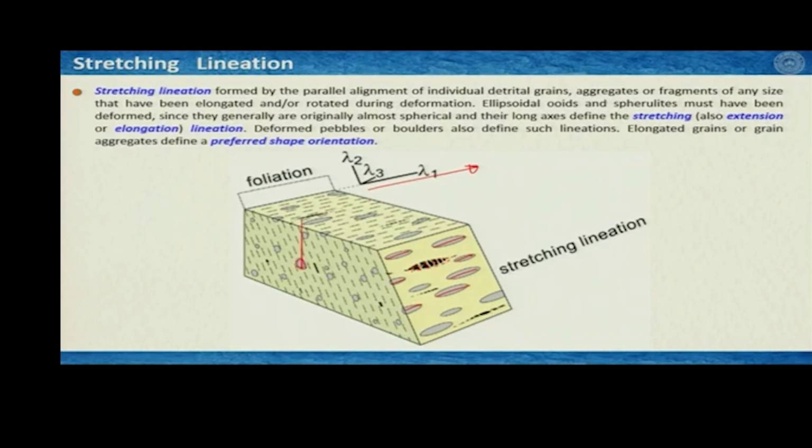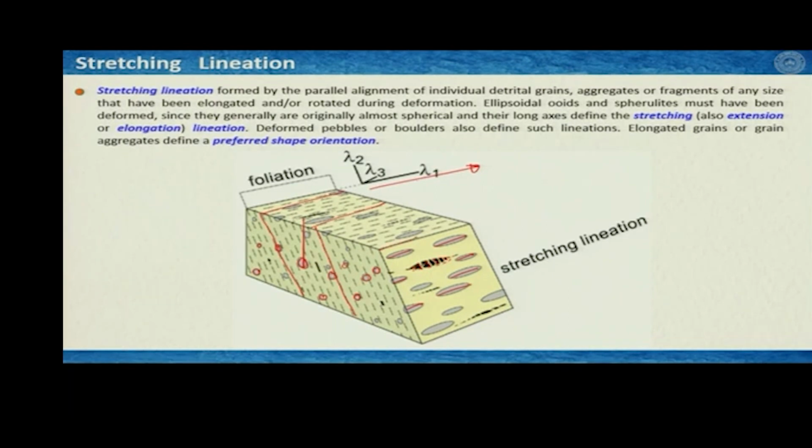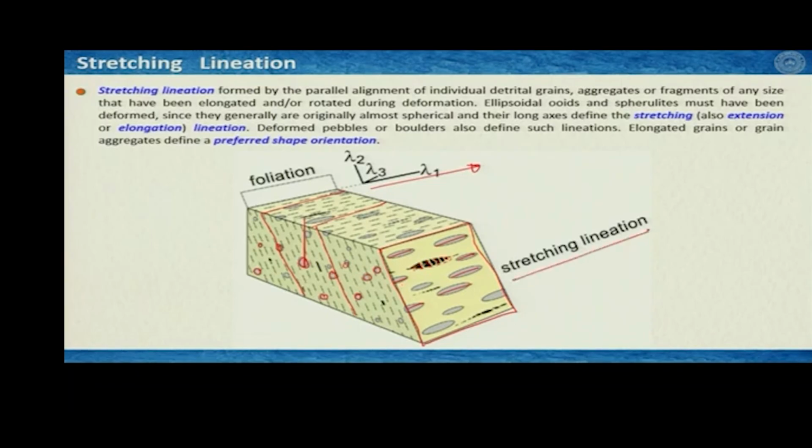However, in this section, which is your lambda 2 lambda 3 plane, you do not have the stretching or anything, they remain more or less circular, and this is your foliation plane. And you can see that this lineation is on the foliation surface, and this is known as stretching lineation.